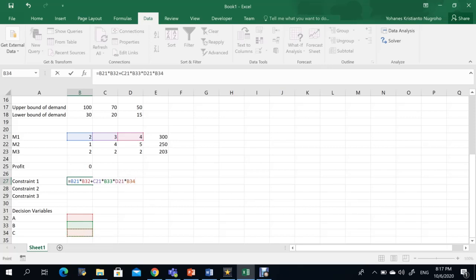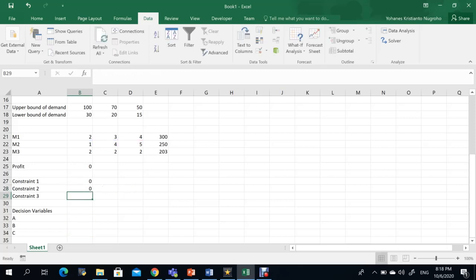Alright, we do the same here for constraint number 2 equal to 1 times A plus 4 times B plus 5 times C. Okay, now we go to the third constraint.